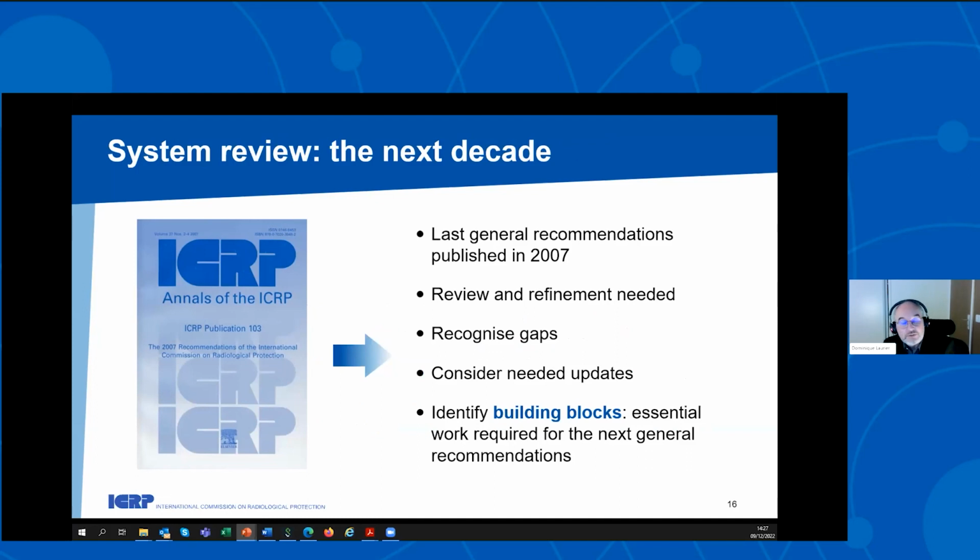It has been presented here for the detriment, but for many other parts of the radiological protection system. We have to identify and recognize gaps, to consider needed updates, and from that to identify building blocks that correspond to the essential work which is required for the next general recommendations.